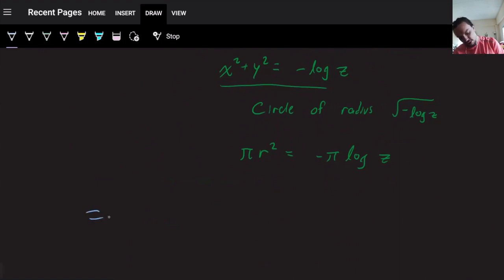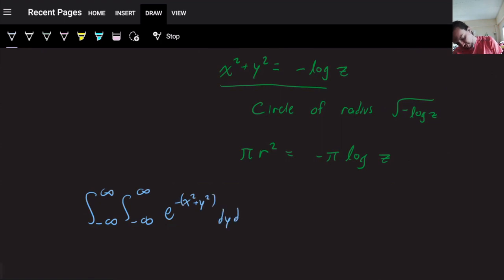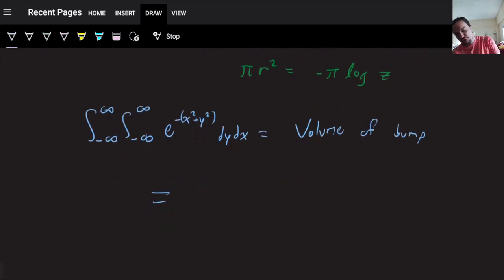So we know that the integral from minus infinity to infinity, minus infinity to infinity, e to the minus x squared plus y squared, dx dy, or dy dx, is equal to the volume of that bump, and this just comes from multivariable calculus. It says if you do a double integral like that, then you get the volume underneath a function.